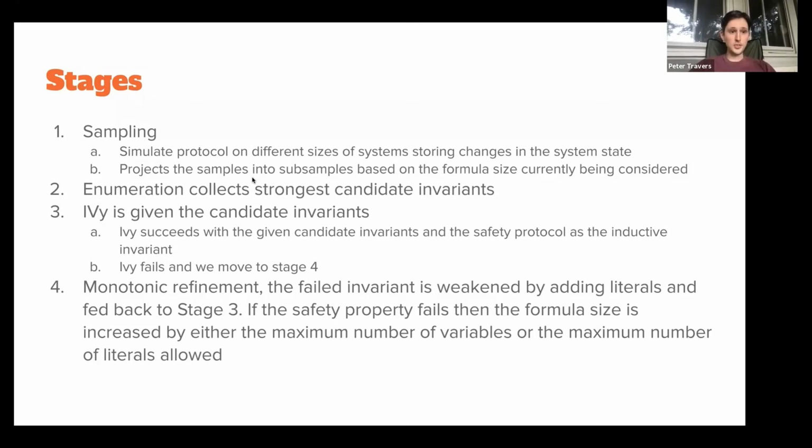Enumeration will then take these samples and get the strongest candidate invariants, and then hand them off to Ivy. If it fails, as we mentioned earlier, we'll pass it back to the monotonic refinement. Or if it succeeds, we say we've solved this protocol and here's a set of invariants that solves it.